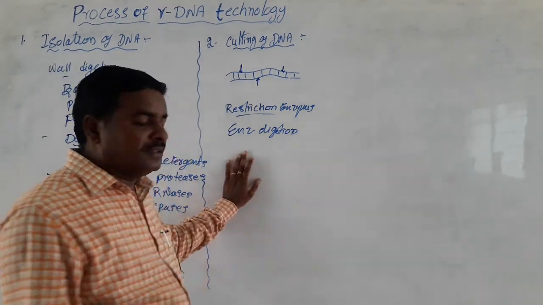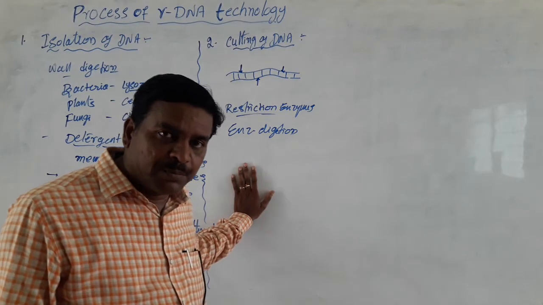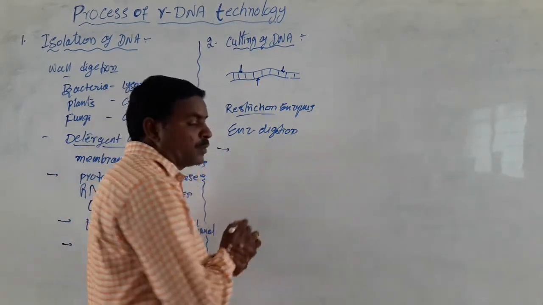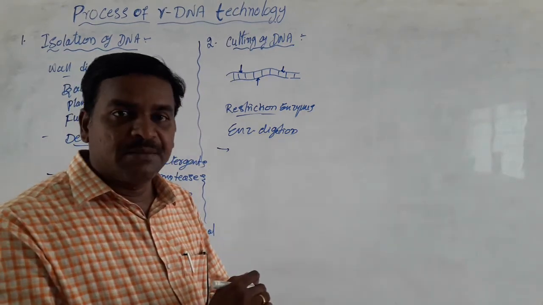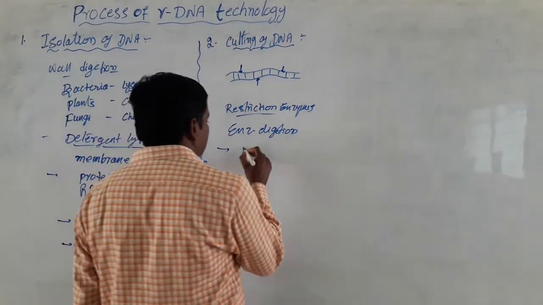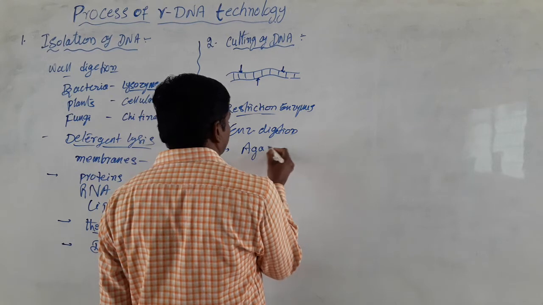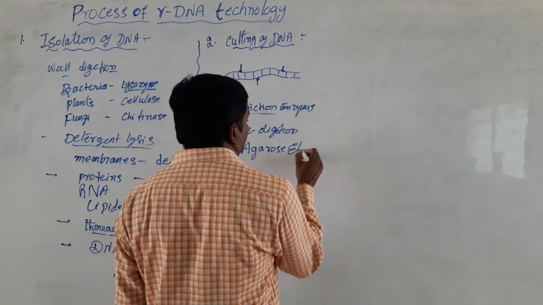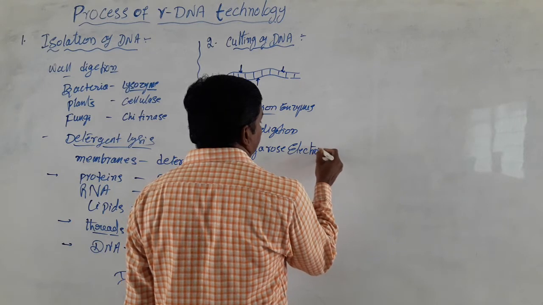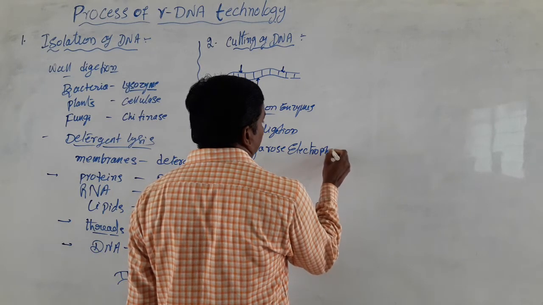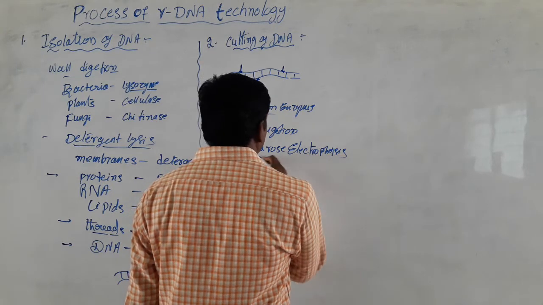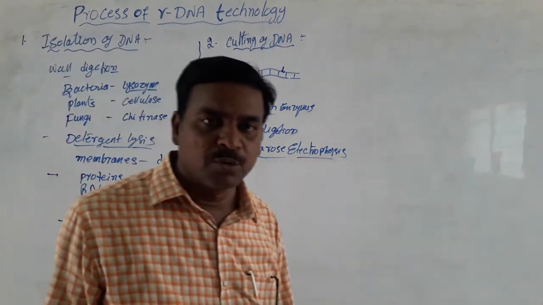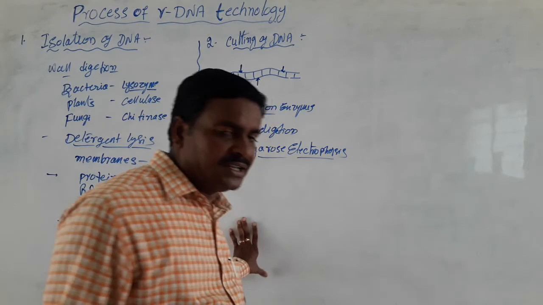The progression of this enzyme digestion can be checked by a method, agarose gel electrophoresis. By using agarose gel electrophoresis, we can check the progression of enzyme digestion.